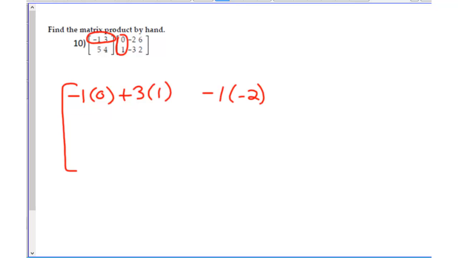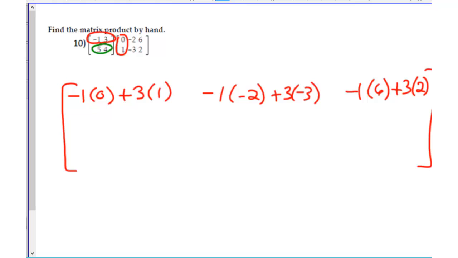So we would just go through and do each one of these. -1 times -2 plus 3 times -3. And then first row, third column. And then the second row has the second row in each column.